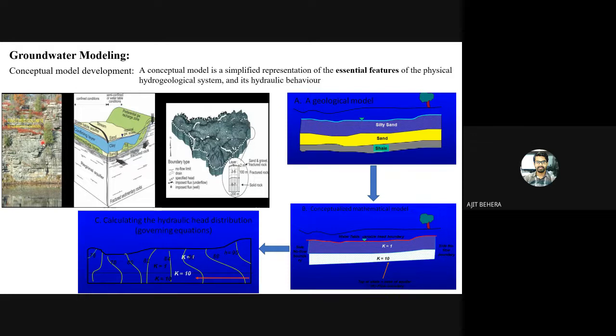From this geological formation, we try to develop a 3D model where we can get some aquifers, or hydrostratigraphic units. In a hydrostratigraphic unit, we have aquifers and some aquitard or aquiclude.